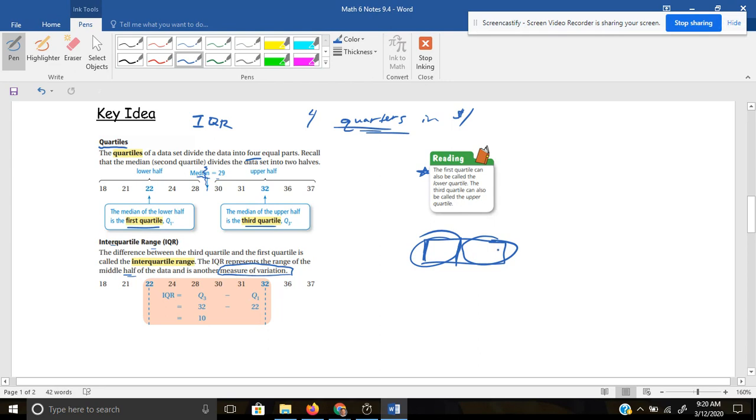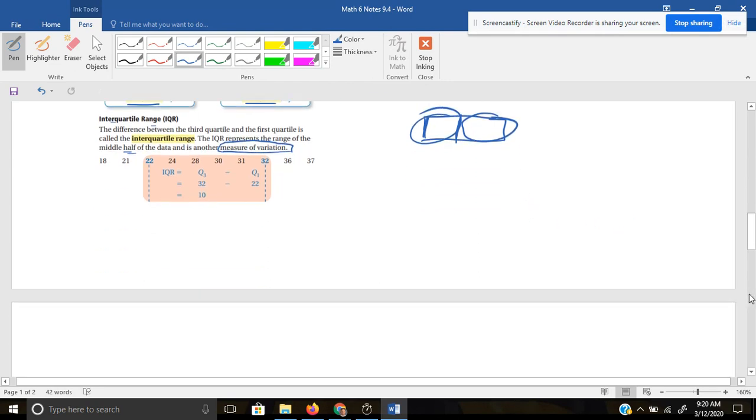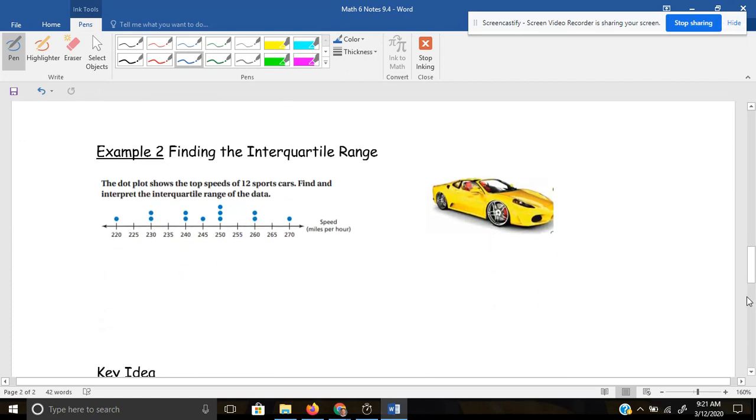And the interquartile range is a good measure of that. So let's see a problem where we have to find the interquartile range. See if we can figure that out. The dot plot shows the top speeds of 12 sports cars. Find and interpret the interquartile range of the data. So the IQR.